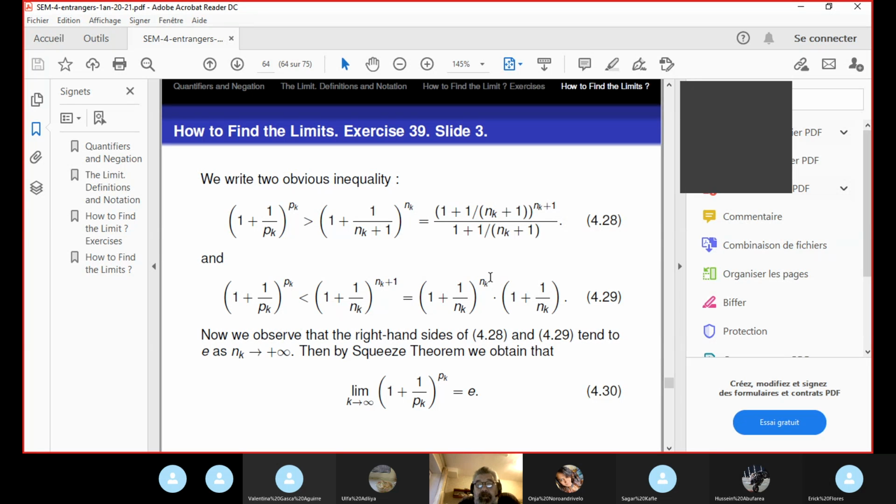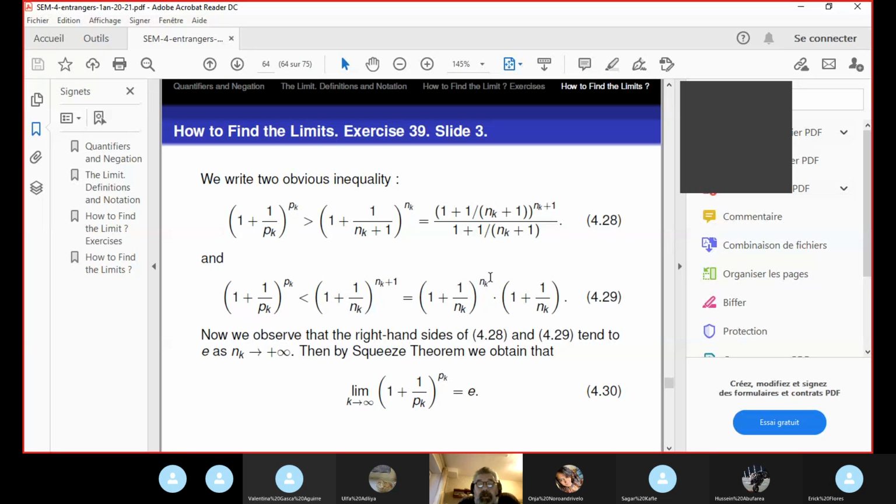Then if I pass to the limit as k, or n sub k, goes to plus infinity, it is the same thing. By the theorem of two policemen, or the squeeze theorem, we have that the limit of 1 plus 1 over p sub k to the power p sub k is e.